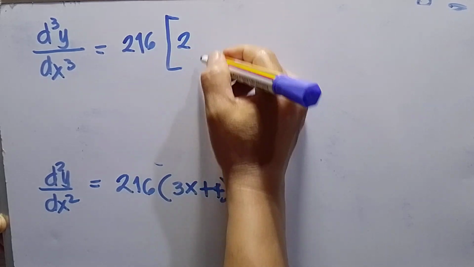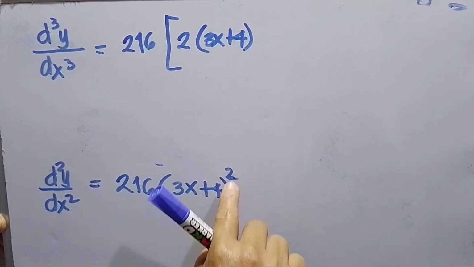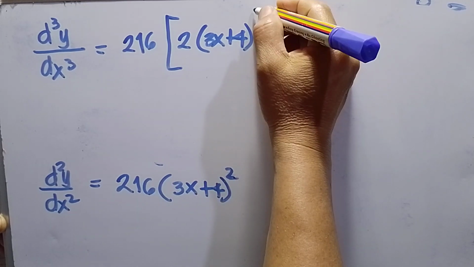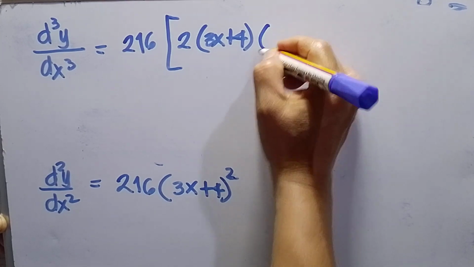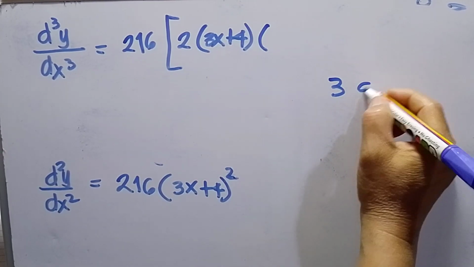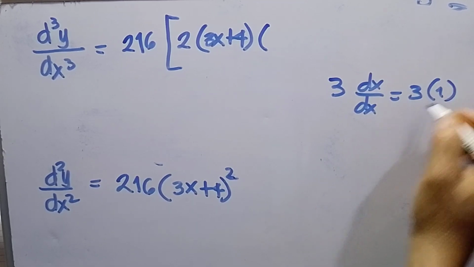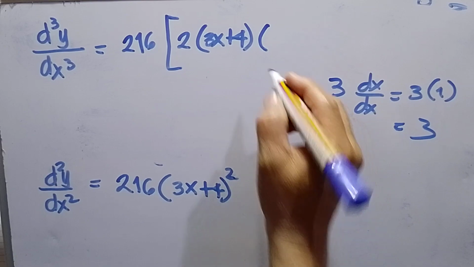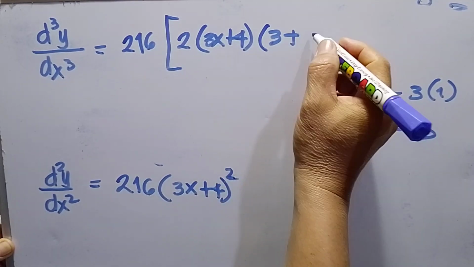So this will be power 2, (3x + 4), this will be minus 1. Okay, that's 1. Understood, there's a 1 in here, an invisible 1. And then the derivative inside, 3x. Take note, 3 dx over dx. So this will be 3 times 1, or this will be equal to 3. So this will be 3 plus the derivative of a constant, that will be 0.